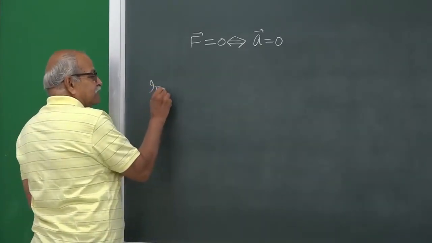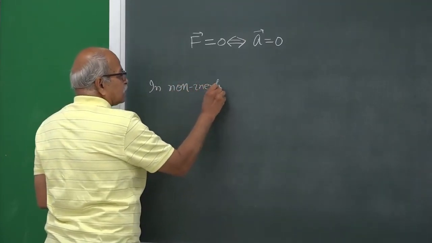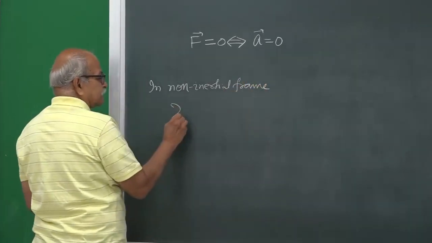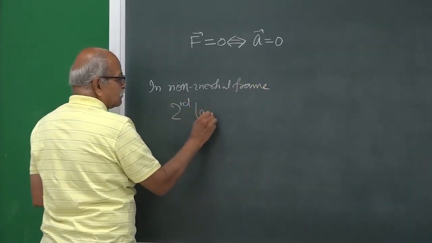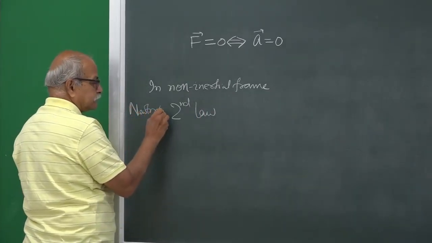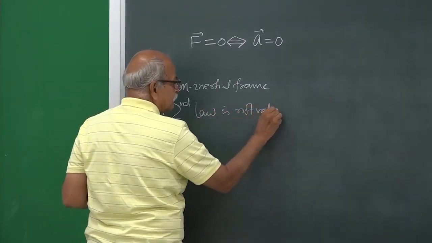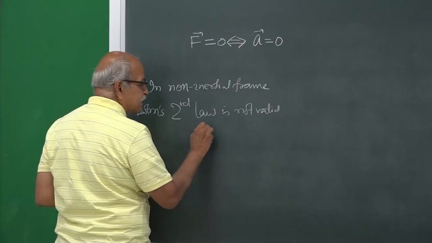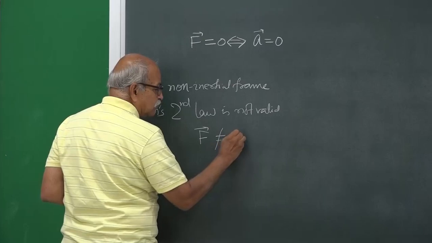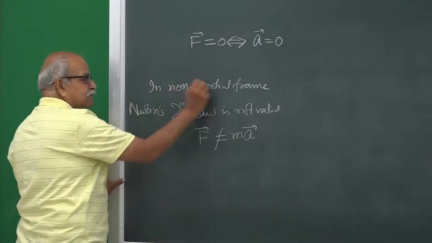So, in non-inertial frames, the second law, Newton's second law, is also not valid. The resultant force F on the particle is not equal to the mass of the particle times the acceleration of the particle in such a frame.